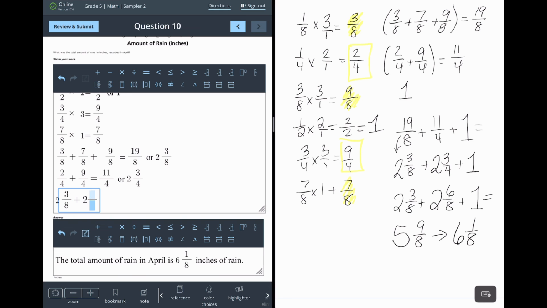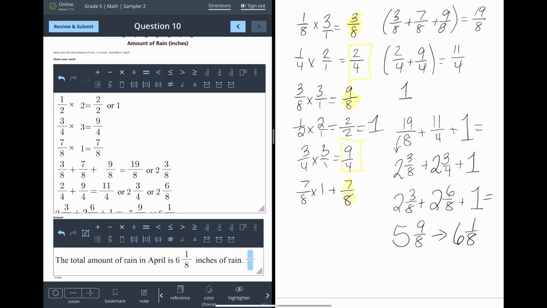And I'm going to put 2 so they know where I'm getting this from. 6/8. 6/8 plus 1 is equal to. So see how I'm kind of simplifying some things to make it a little bit easier? And I know all of this together was equal to 5 and 9/8. Or 6 and 1/8.